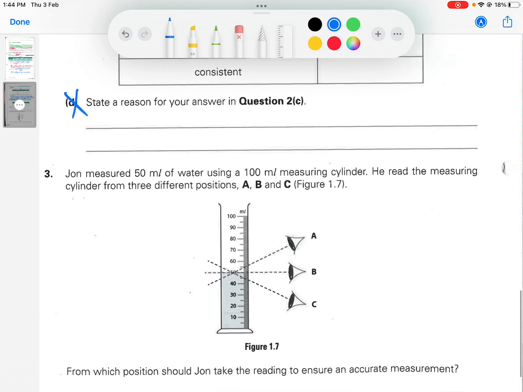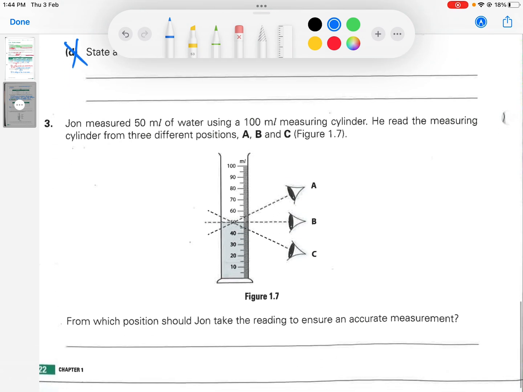Question 3, the last one. Okay, John measured 50 ml of water using a 100 ml measuring cylinder. He read the measuring cylinder from 3 different positions, A, B, C. The eyes are positioned differently. From which position should John take the reading to ensure an accurate measurement?